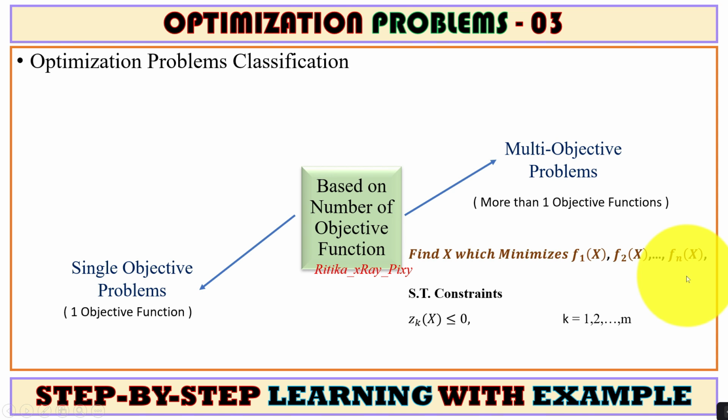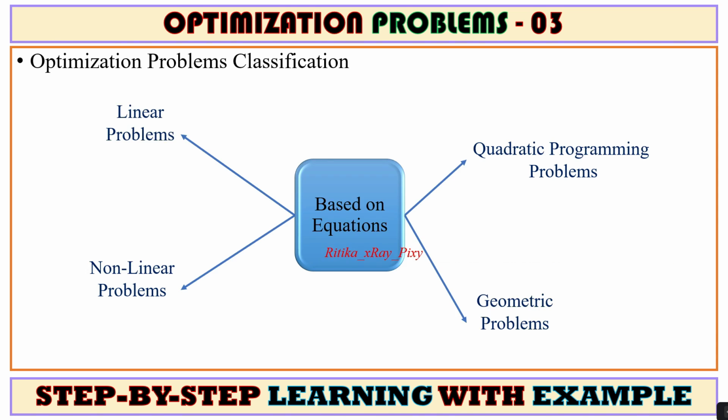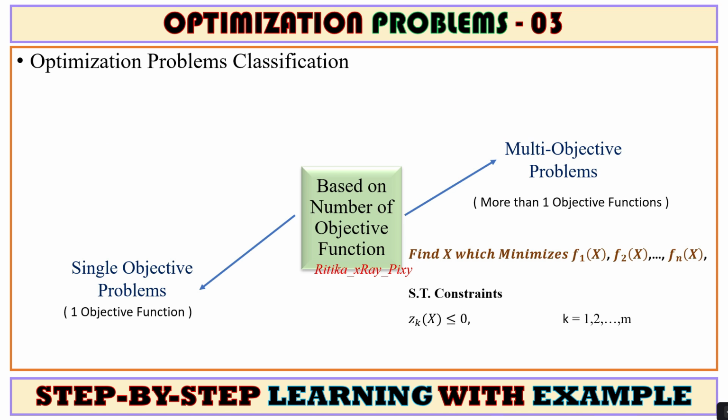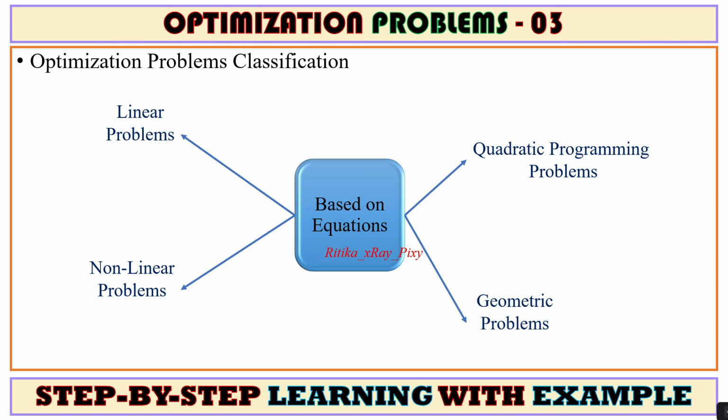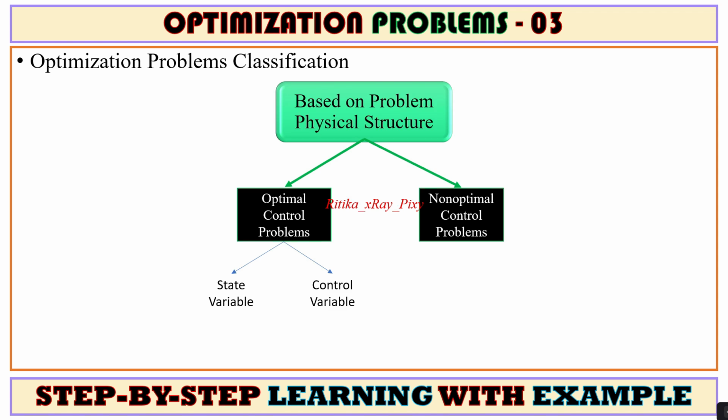So here we discussed different types of classification for the optimization problems based on total number of objective functions that need to be minimized. Next we have based on equations, where equations are used for objective function and constraints.